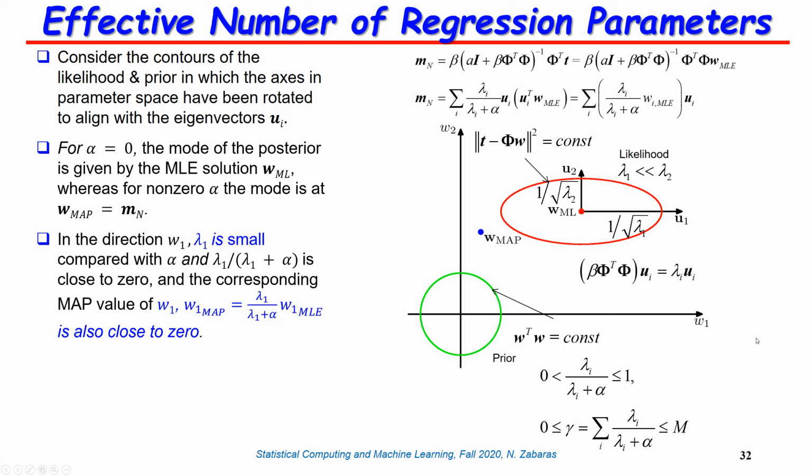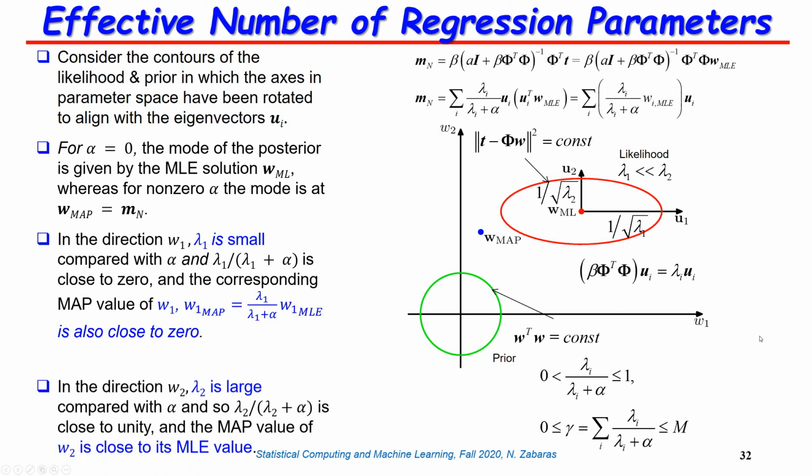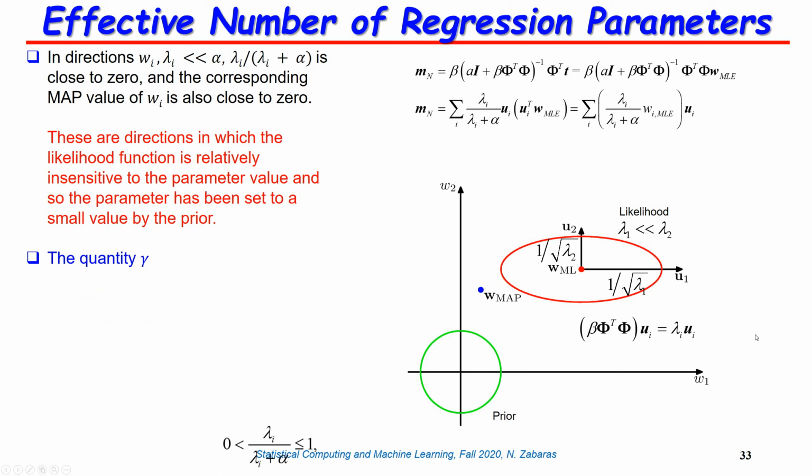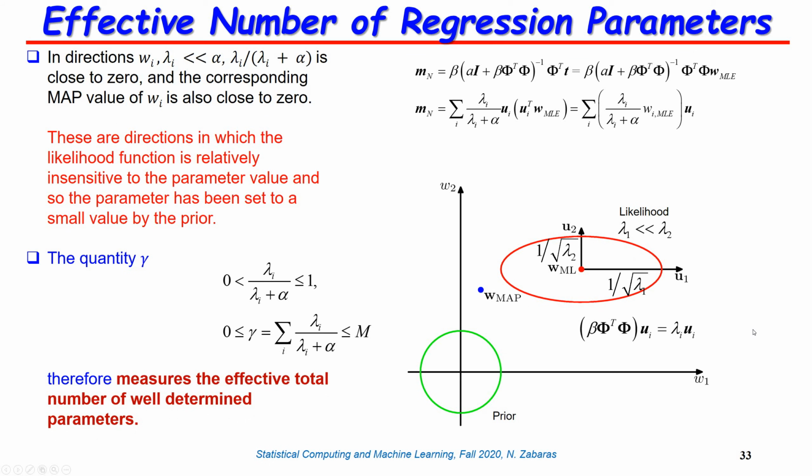So this parameter gamma does nothing else but measure the effective dimensionality of the problem. Effectively, it tells us how many parameters the model can identify from the particular data set. The rest of the parameters are set to very small values, let's say 0, by the prior of your particular model.